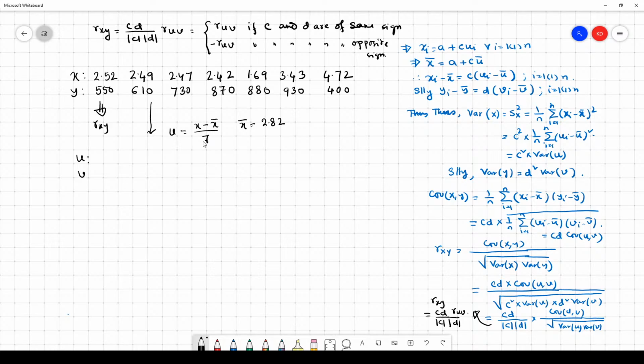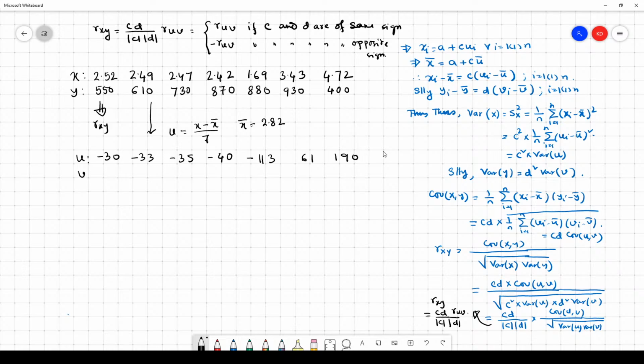If you use this transformation, then you see that your u is like that: minus 30, minus 33, minus 35, minus 40, minus 113, 61, 190.